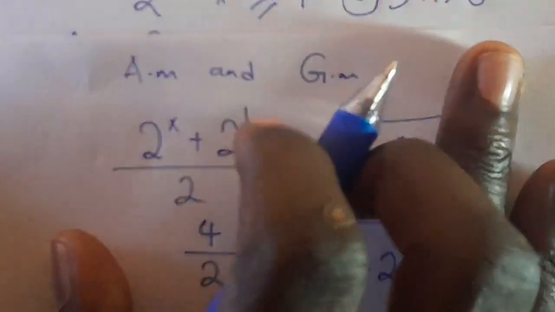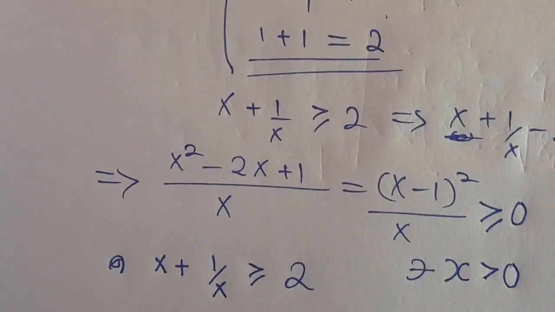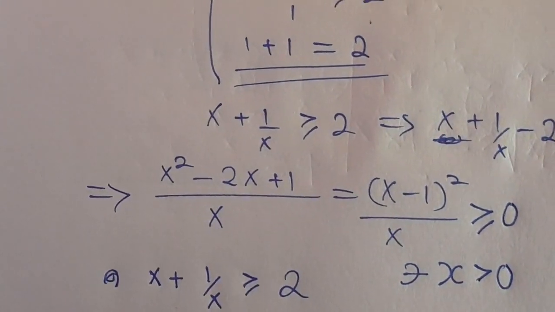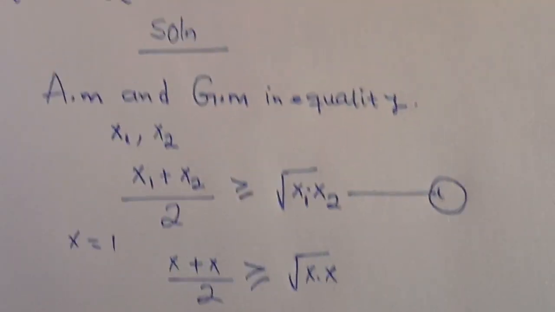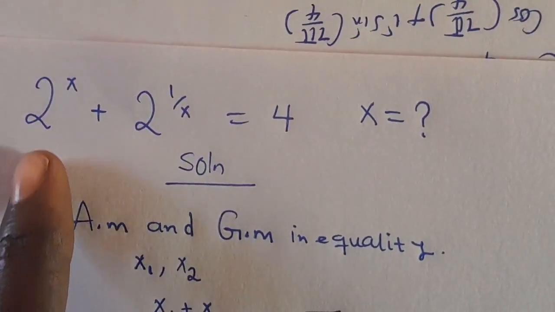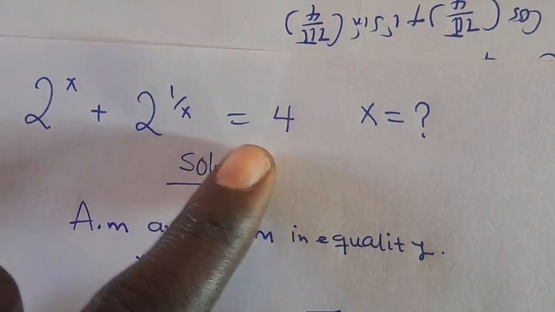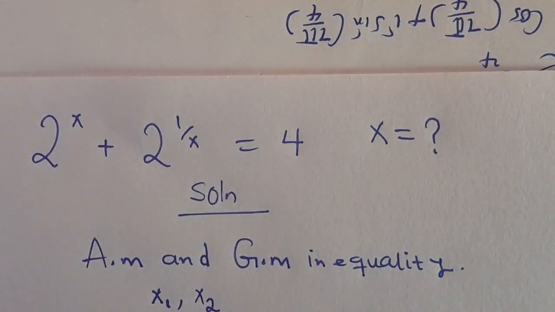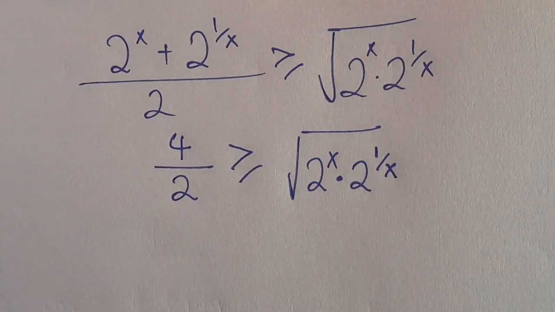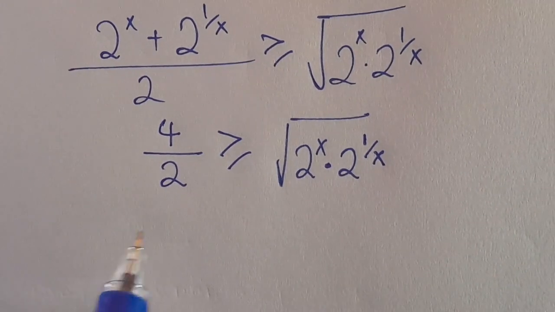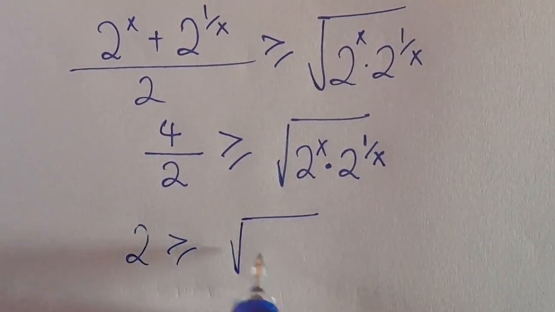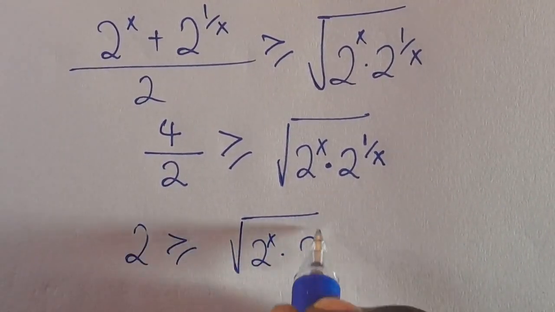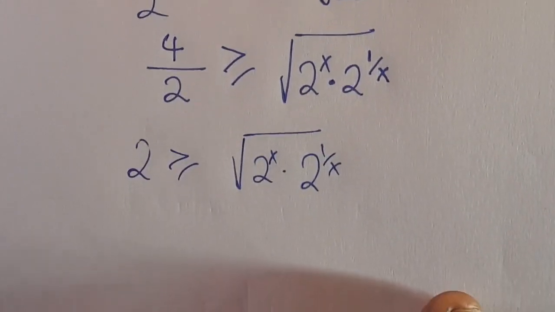So now from here, we have to recall from the problem given to us that 2^x + 2^(1/x) = 4. And now from here we have 2 greater than or equal to the square root of 2^x times 2^(1/x).